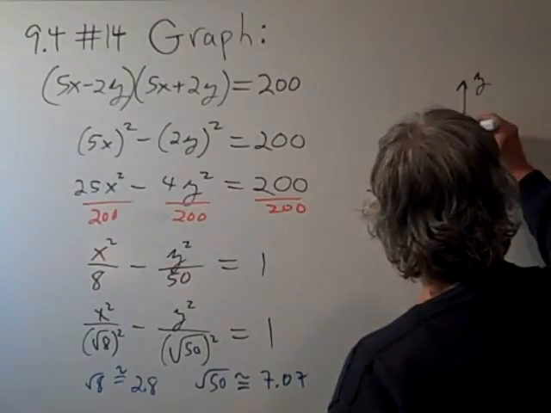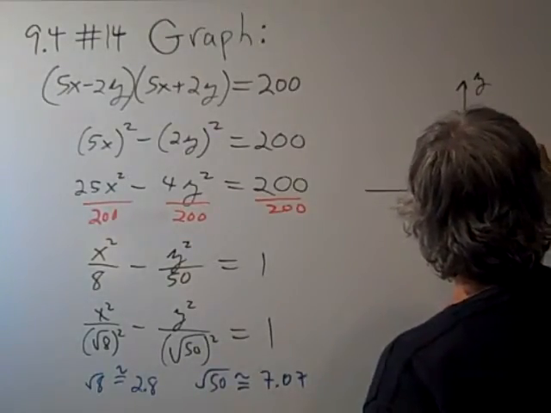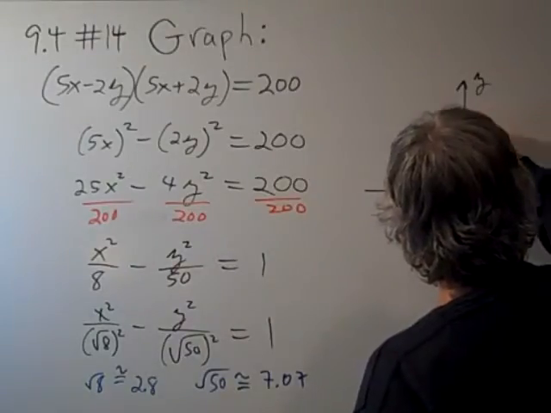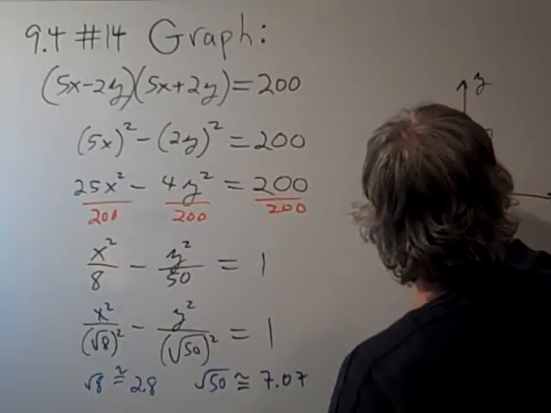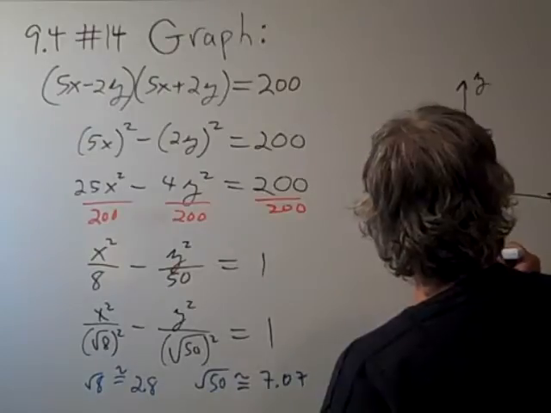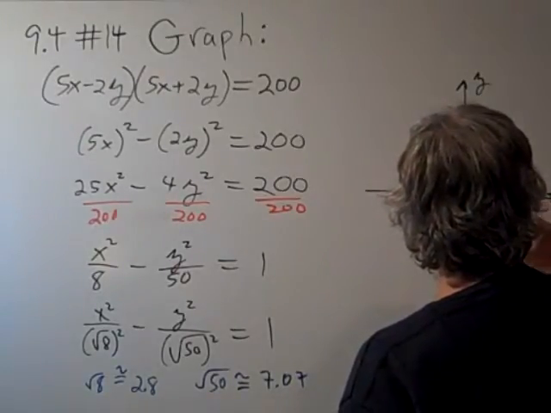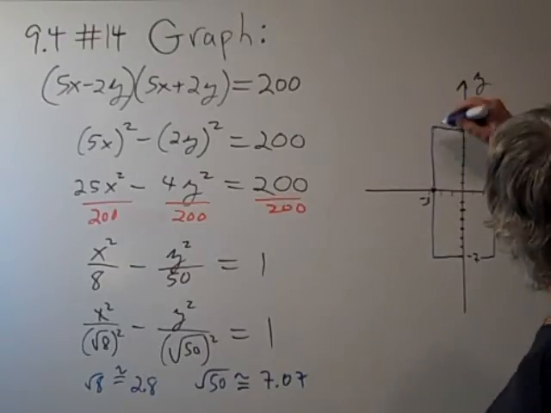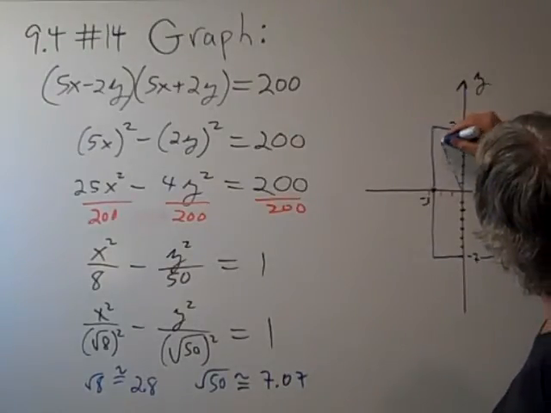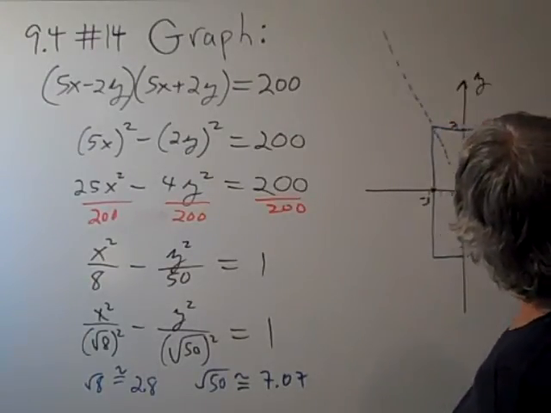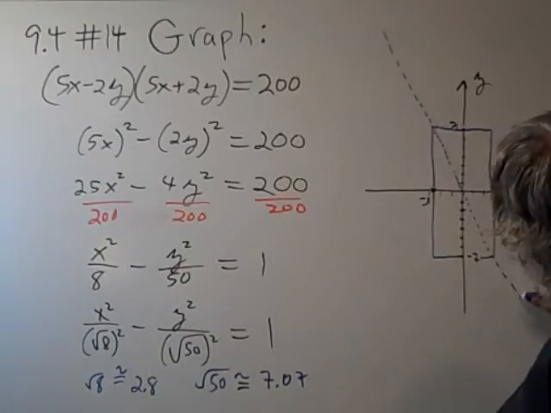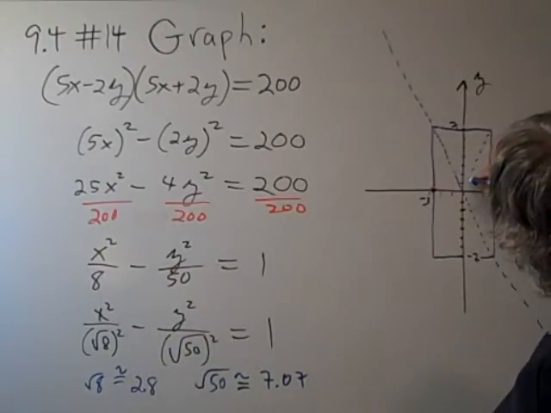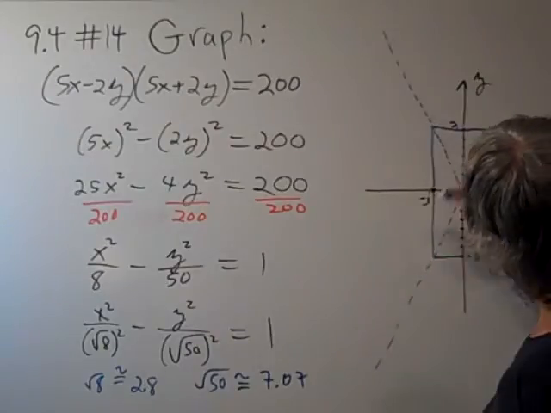So the blue box looks something like this. And there's the blue box whose diagonals we need to help us graph the hyperbola.